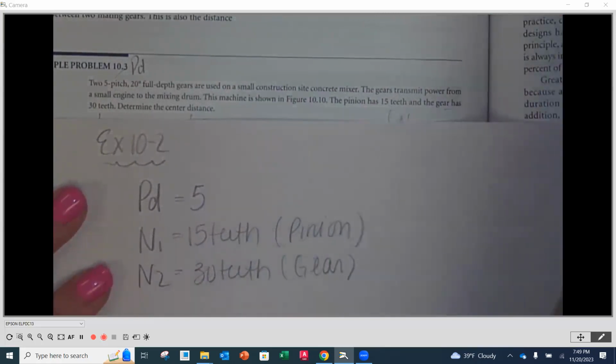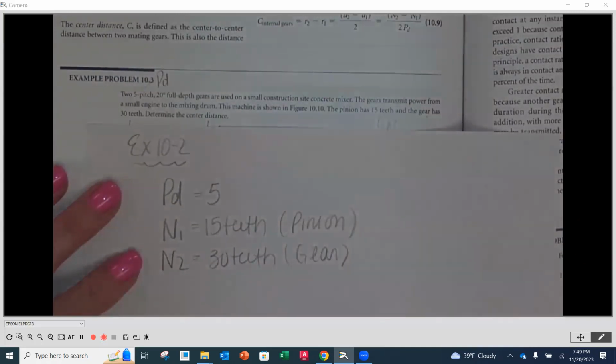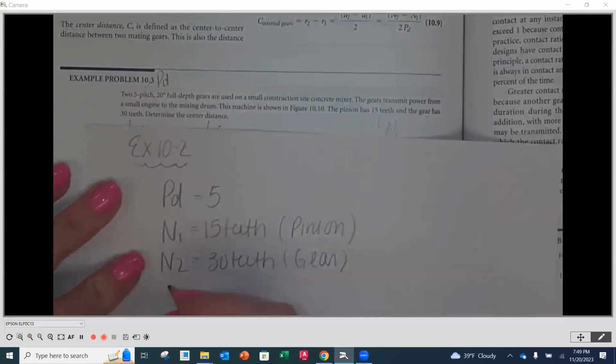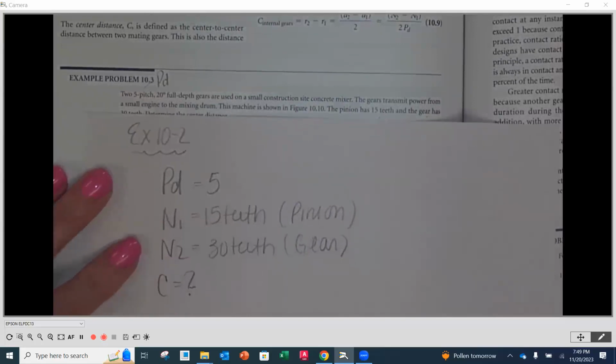Again, of 2 gears in mesh, the smaller is called the pinion, the larger is called the gear. The 1 is the pinion, or what we'll refer to later as the faster moving gear, going around faster, and the 2 is the slower. We want to determine the center distance.